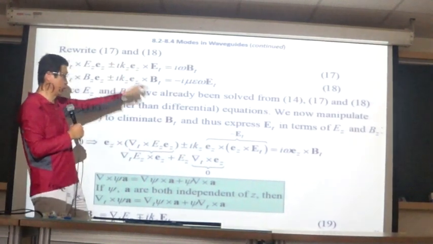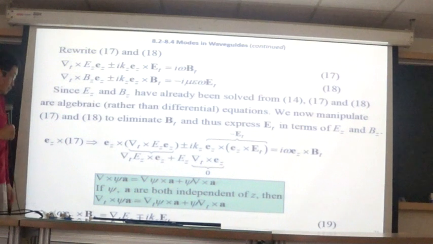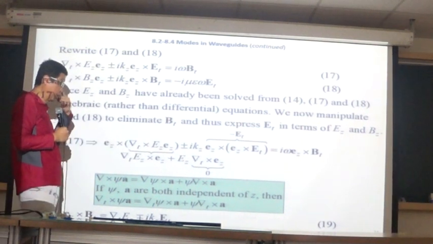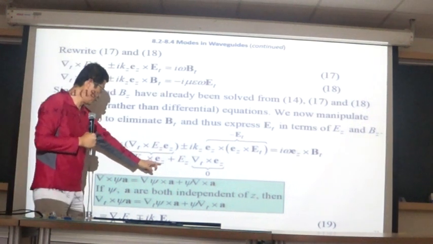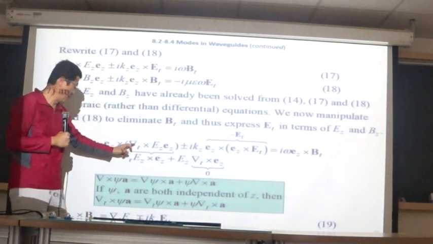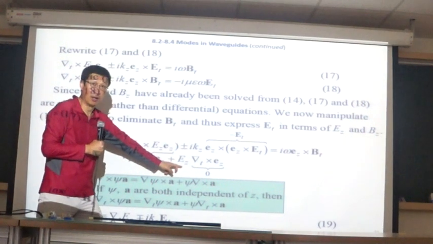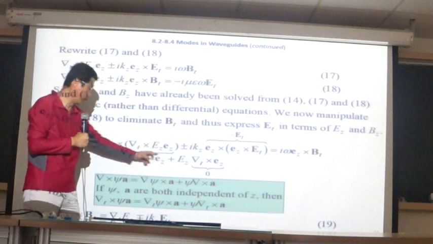And EZ curl of this one. Okay? This one can be rewritten into two equations. This one, just this one. That's part one. Another is part two. Luckily, this one is 0, so we have this one only.